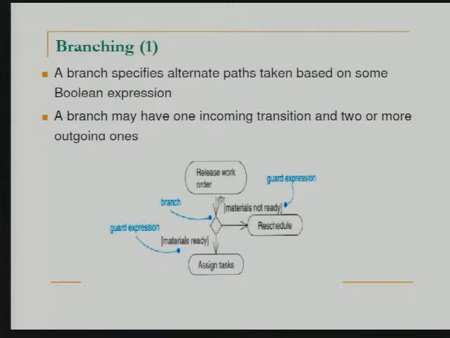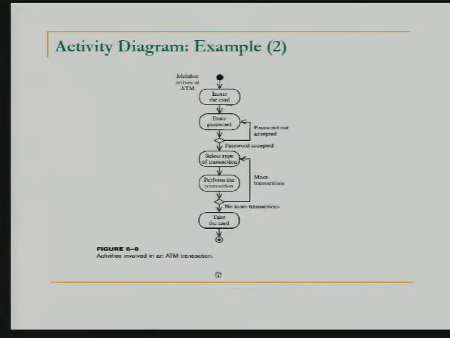These guard expressions are these Booleans that determine which way to go, one way or the other. That's the branch, obviously. It can have one incoming transition and two or more outgoing ones. It's a little bit cut off by the picture. In this case, not ready, I go to reschedule, or ready, I go to assign tasks.